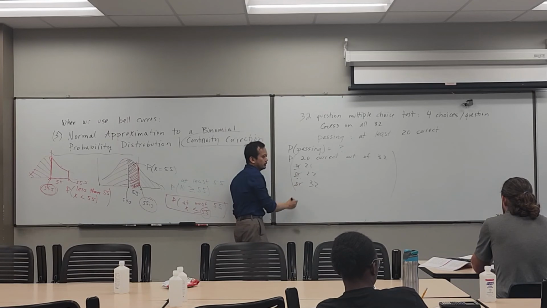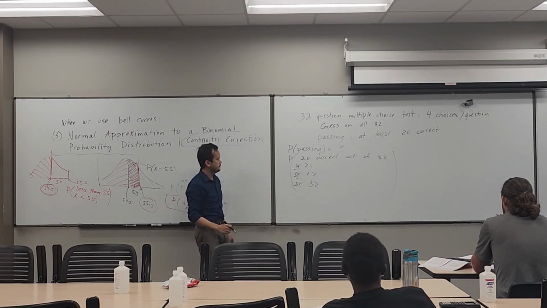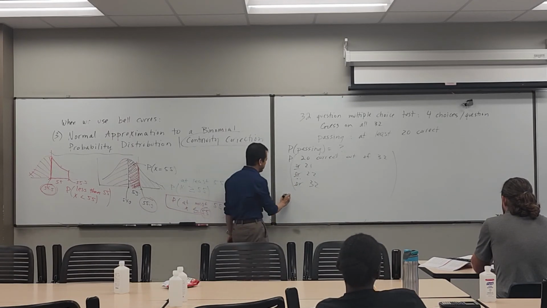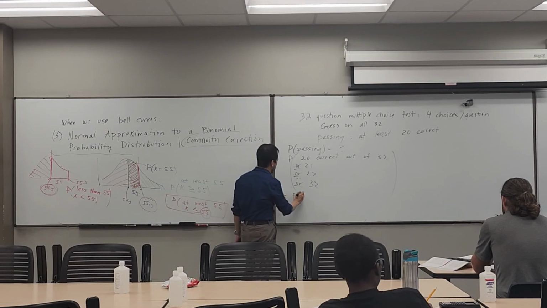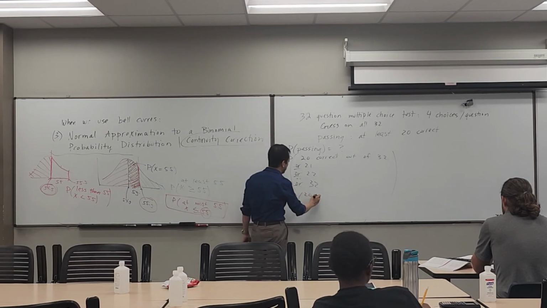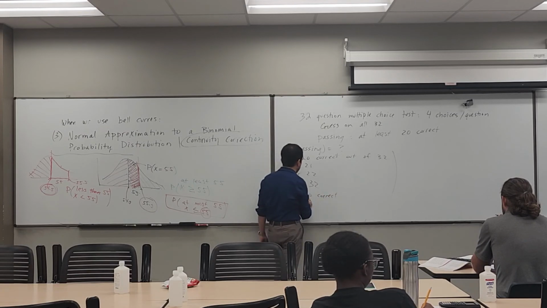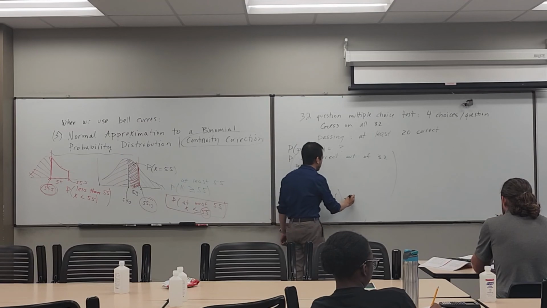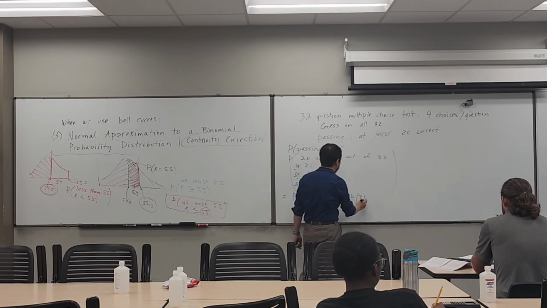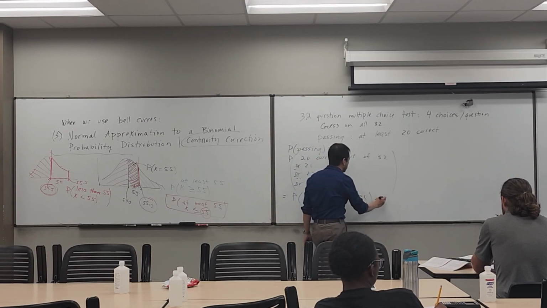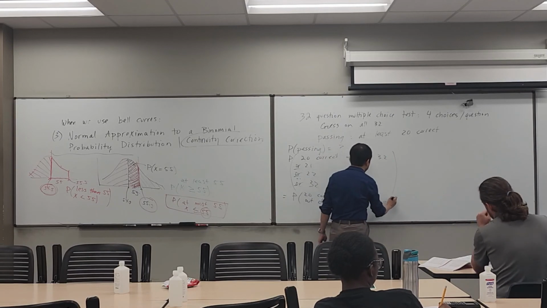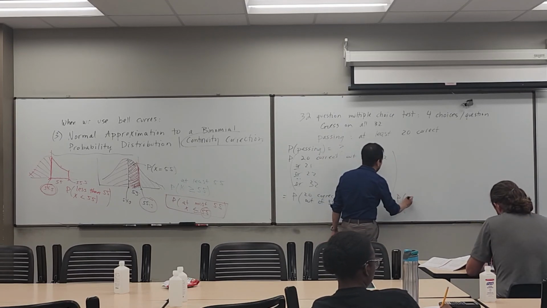So probability with "or" is which rule? Addition. Addition rule. So you could find this probability by taking the probability of 20 correct out of 32 and adding it to the probability of 21 correct out of 32, all the way up through the probability of all 32 correct out of 32.